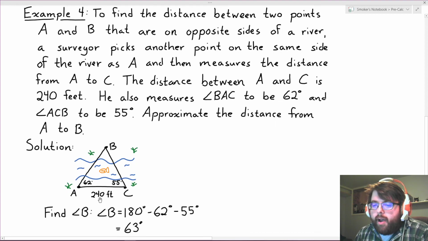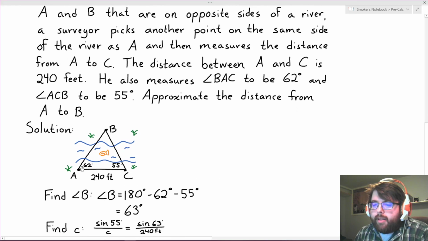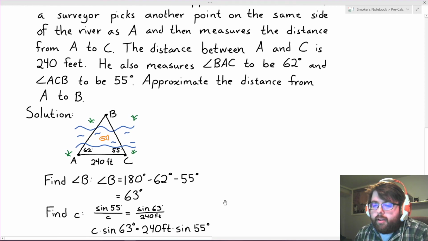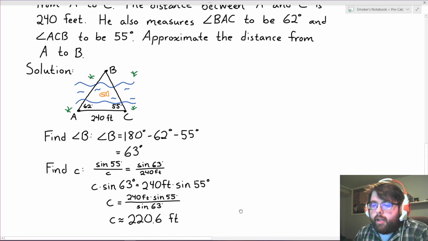Now we can use the law of sines because we know 63 and 240 are connected, and we're looking for the distance from A to B. Side C is opposite angle C. We do sine of 55 over what we're looking for is equal to sine of 63 over 240. We cross multiply, divide by sine of 63, plug that into your calculator, and get 220.6 feet.